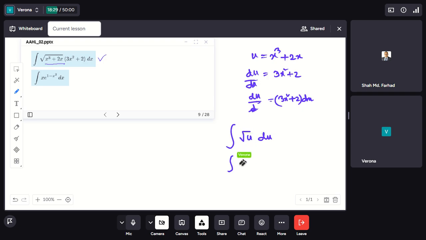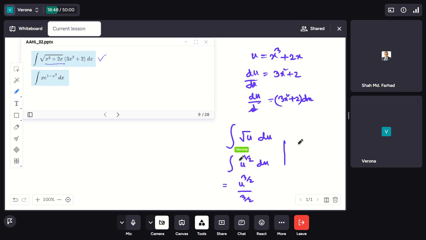Then get rid of square root, that will be u power 1 by 2 du. And then the next line is u power 3 by 2, then divide by 3 by 2.